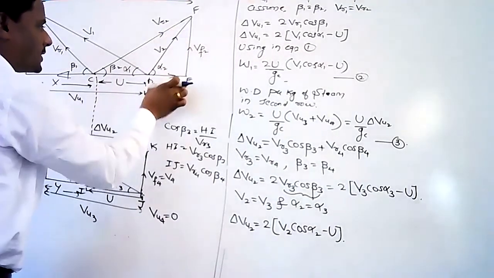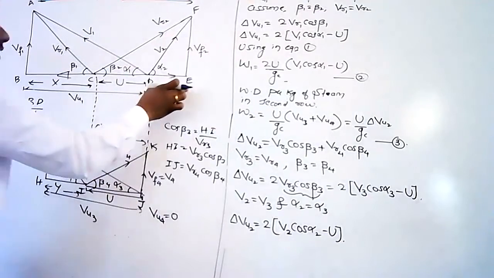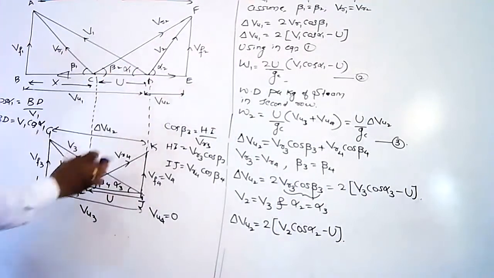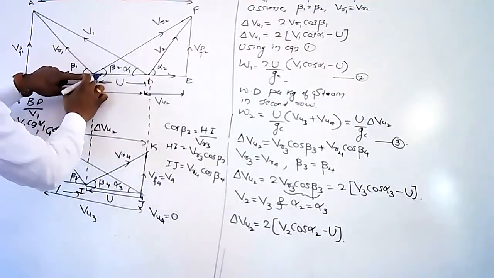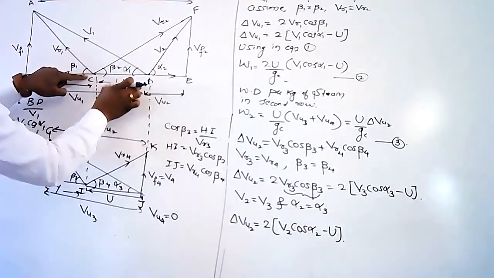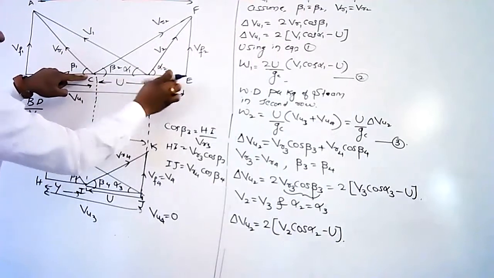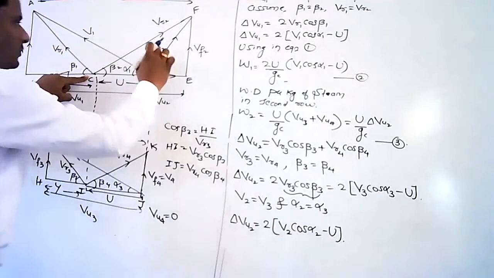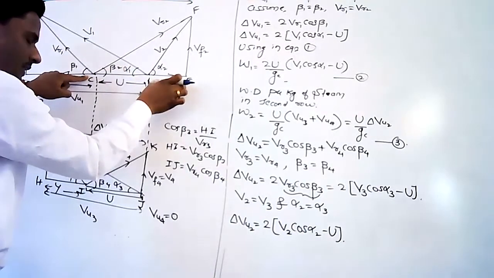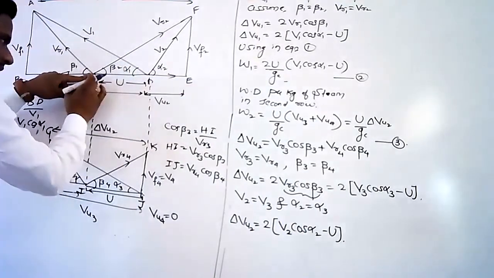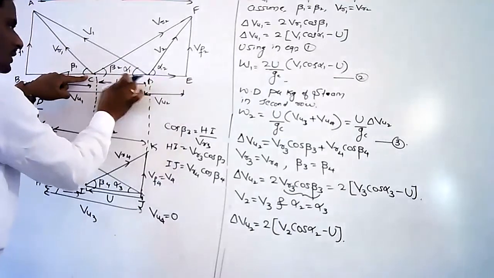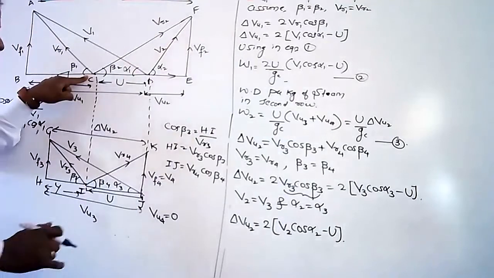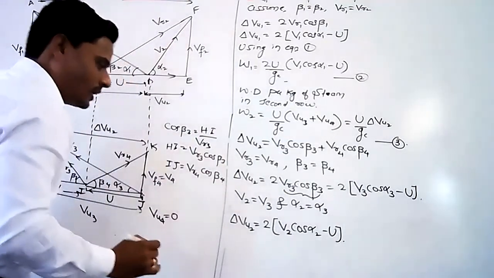How to write DE? Total CE minus U, since CE minus CD is DE. So DE can also be written as CE minus U. What is CE here? CE is VR2 cos beta 2.